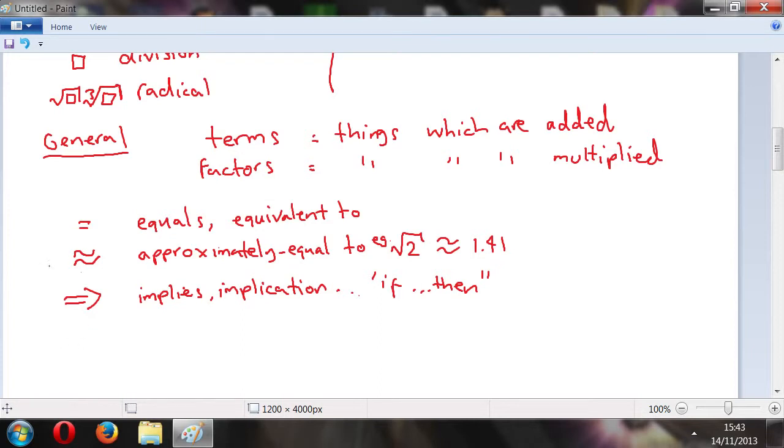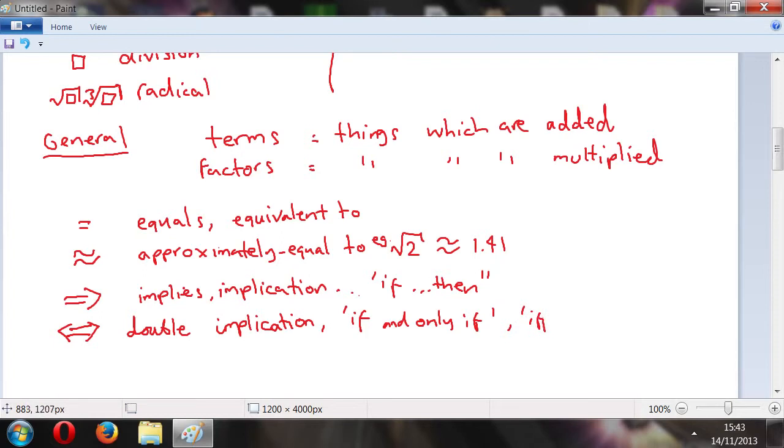The other kind is the double implication, so we can go either way. This is the same as if and only if, or it could also be written as iff.